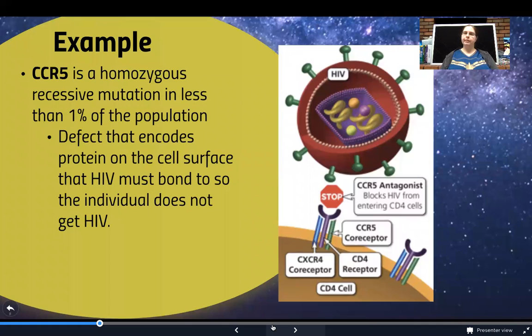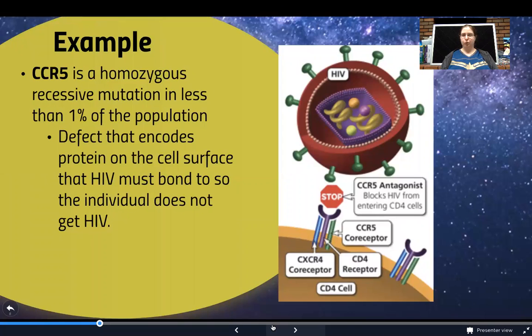So here's a specific example of a mutation. It's called CCR5, and it is homozygous recessive, meaning you need 2 copies of this changed allele in order to express this trait or lack of expression. It's very rare.